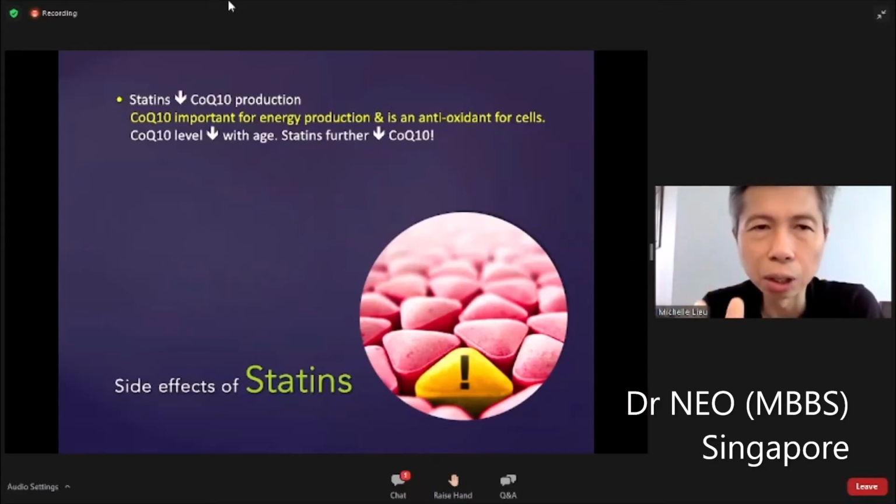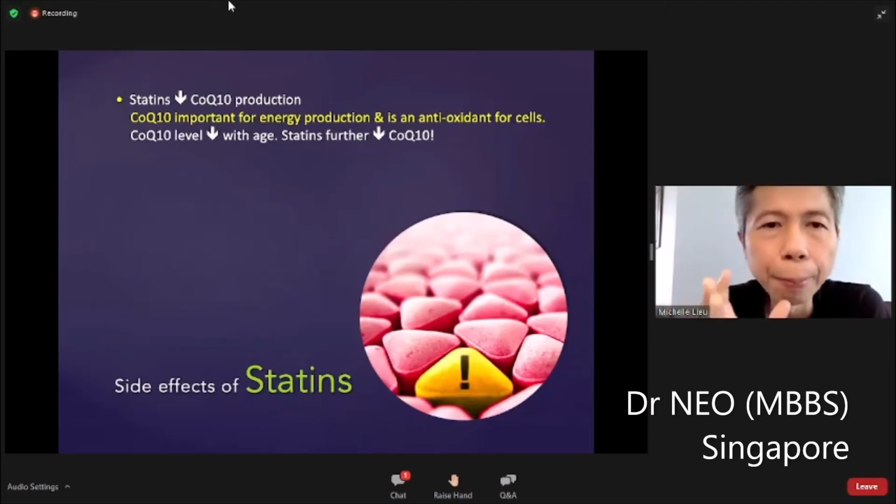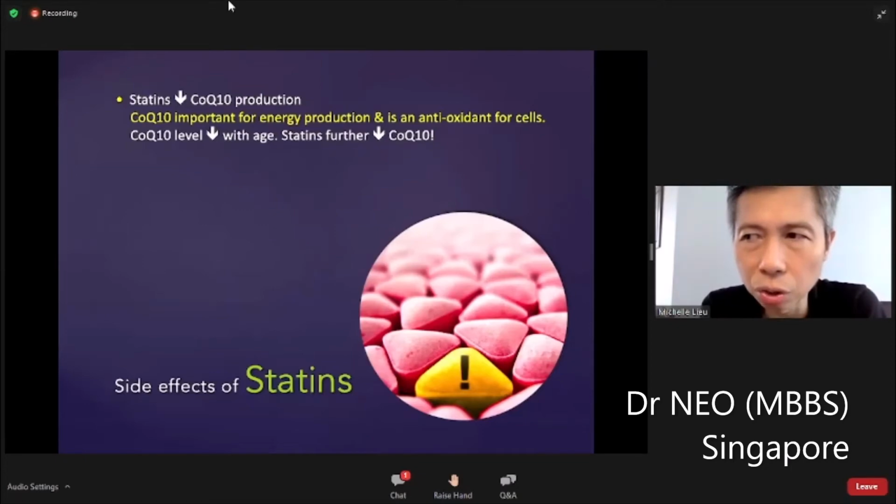This is because coenzyme Q10 production shares a common pathway with the production of cholesterol, because they use the same enzyme, HMG-CoA reductase.